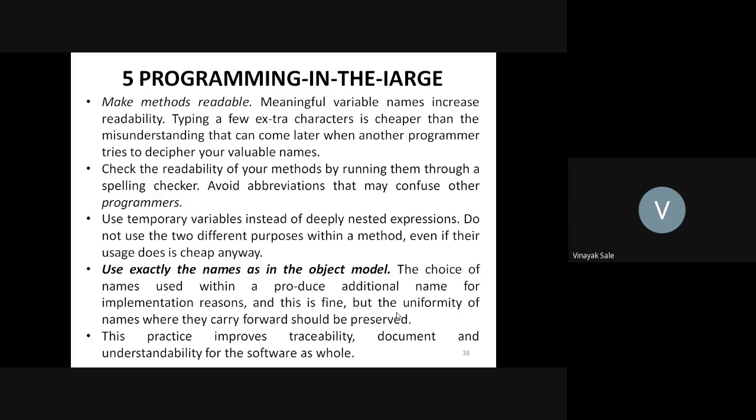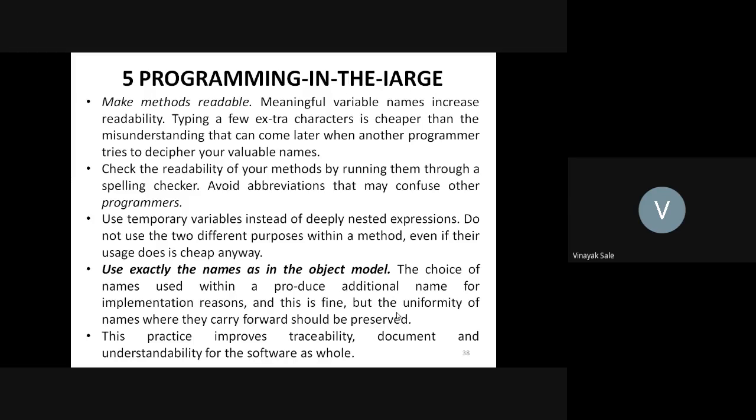Avoid abbreviations that may confuse other programmers. Use temporary variables instead of deeply nested expressions. Do not use one variable for two different purposes within a method, even if the uses do not conflict.